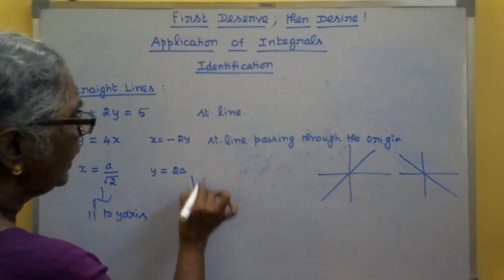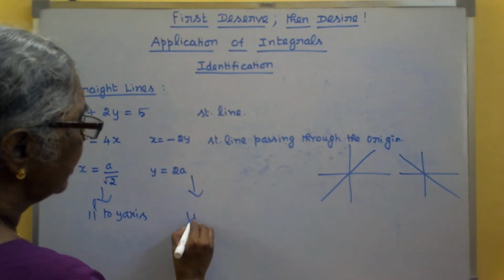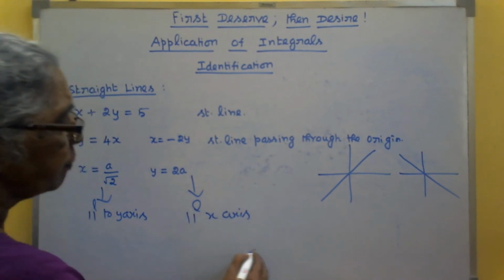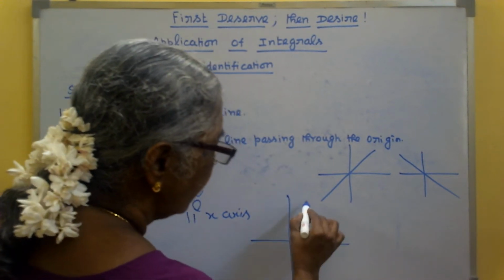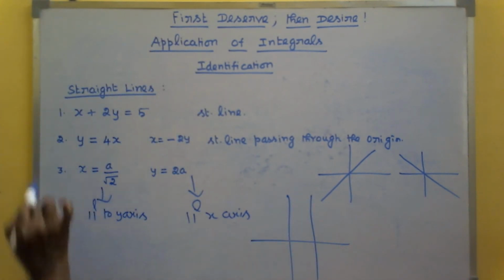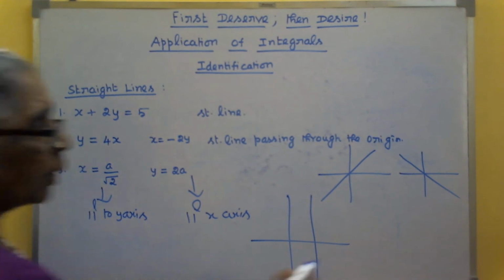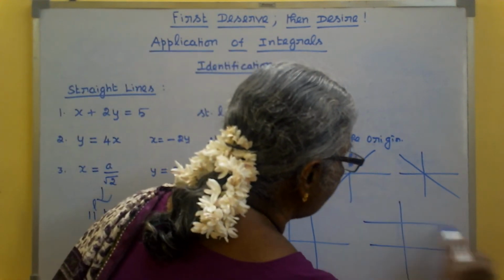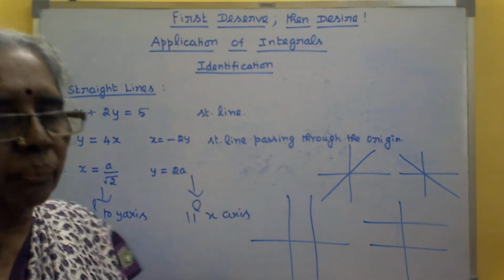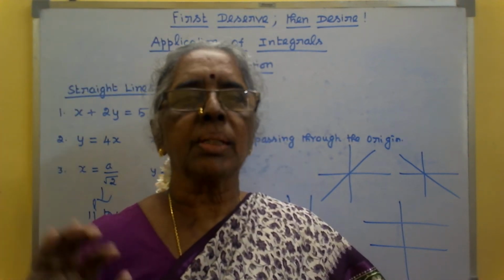If you have y equal to some constant, this is a straight line parallel to the x-axis, right? That is, a line parallel to the y-axis will be given as x equal to some constant. If you have a line parallel to the x-axis, you will have y equal to some constant. So, this is about straight lines.